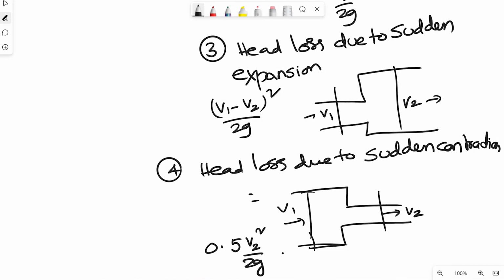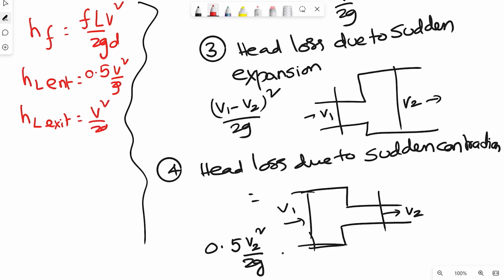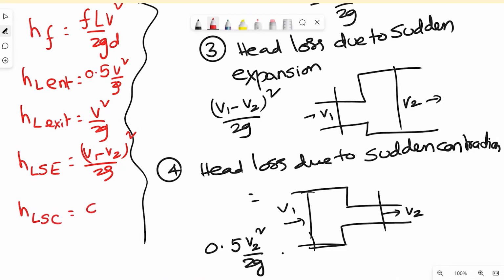At least these four. So finally, what equations should you remember? Major loss is equal to FLV squared by 2gD. Minor loss: head loss at entrance is 0.5 V squared by 2g, head loss at exit is V squared by 2g, head loss due to sudden expansion is V1 minus V2 whole squared by 2g, and head loss due to sudden contraction is 0.5 V2 squared by 2g.